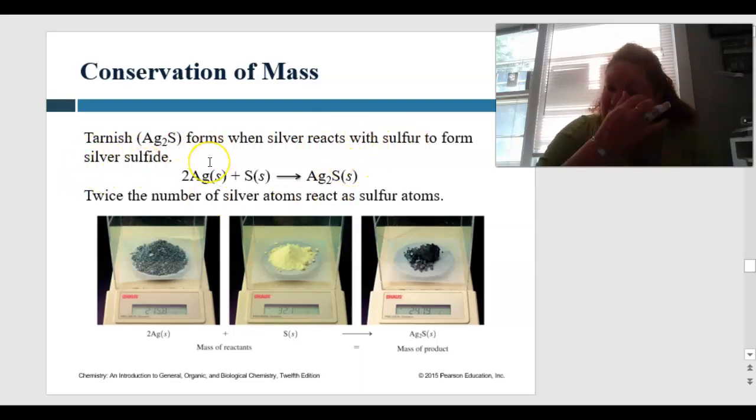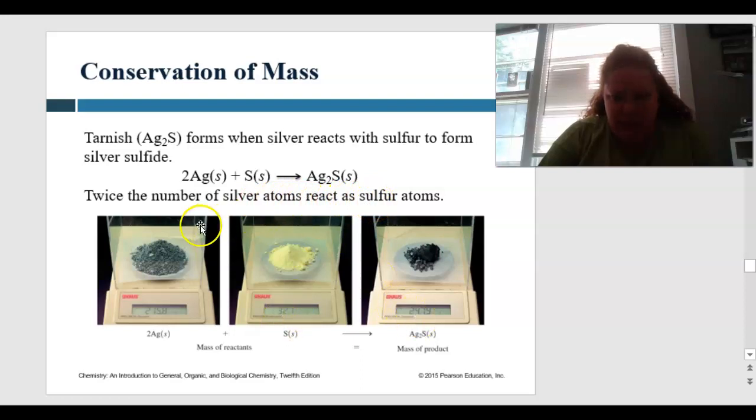So if we set up our reaction over here, we can see that two silvers and a sulfur are going to react to make our tarnish. And so you can see that, again, we have to make sure that everything's balanced. So Ag2, S is S. So twice the number of silver atoms react as sulfur atoms.